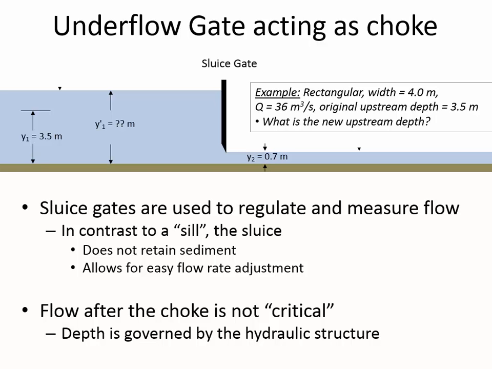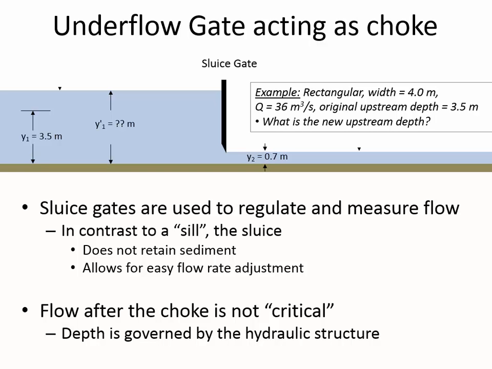This turns into an equation that looks like y1 prime cubed minus 9.125 y1 prime squared plus 4.128 is equal to 0.